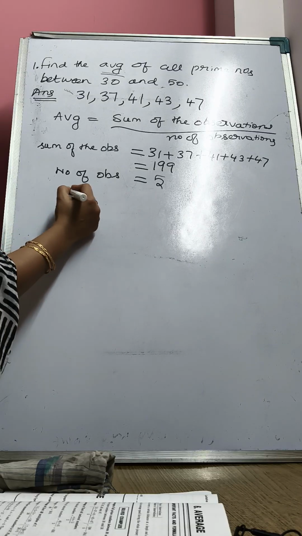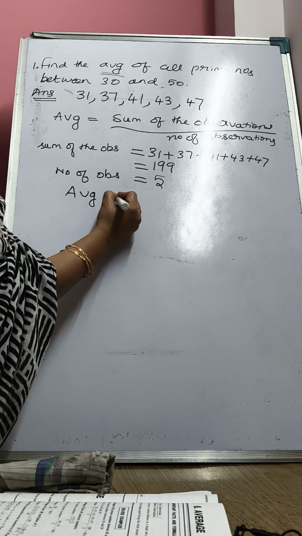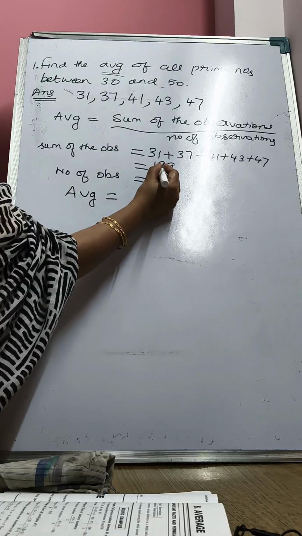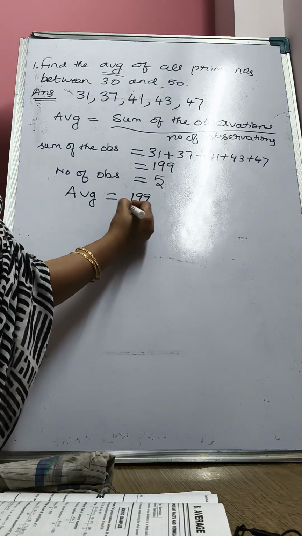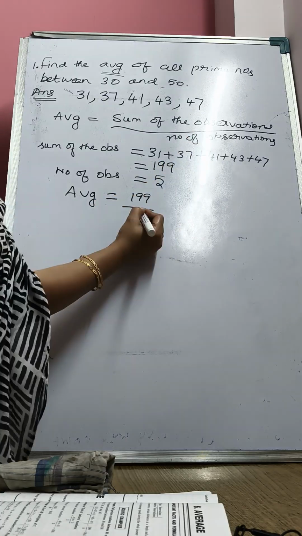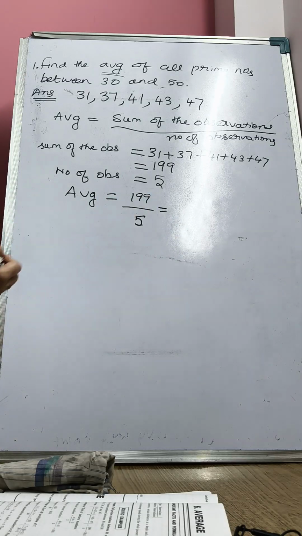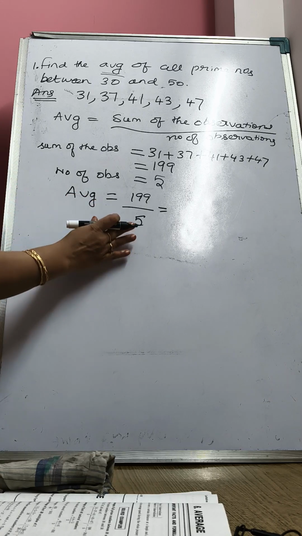Now shall we apply in the formula? Average is equal to sum of the observations, which is 199, divided by number of observations, which is 5. Now you can divide using a calculator also, or you can do long division. You can apply whatever division is applicable.